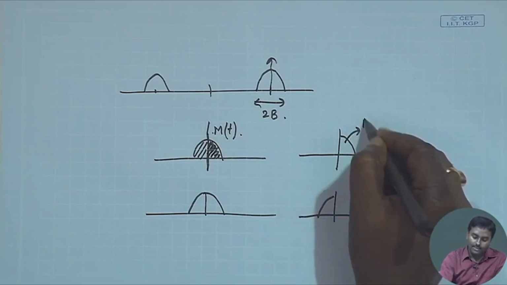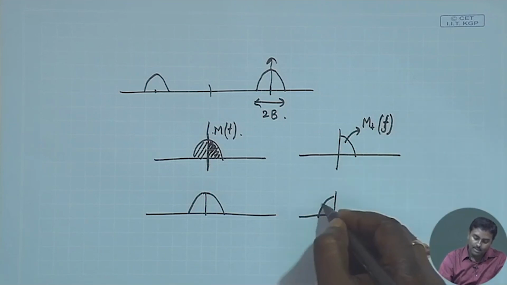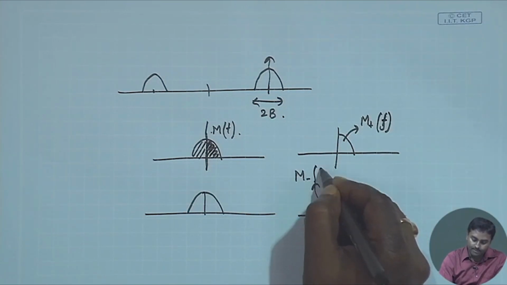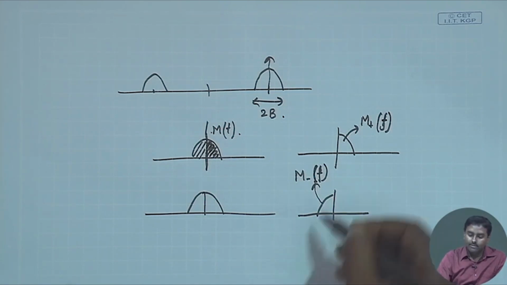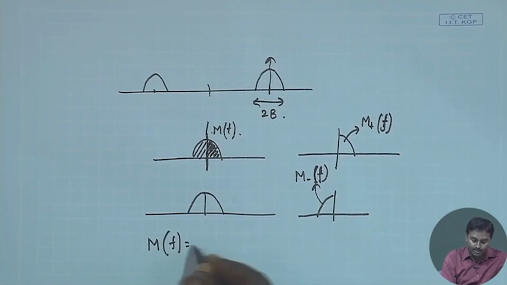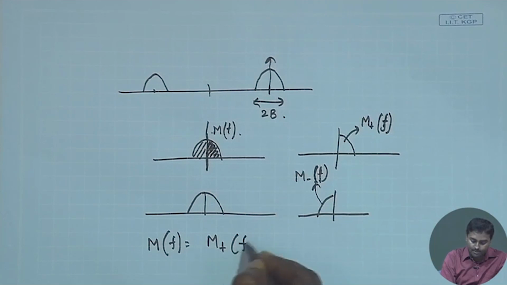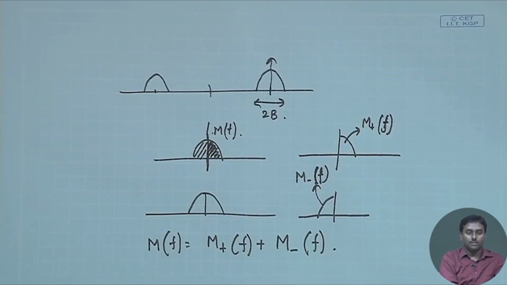This I call M plus (f), and this I call M minus (f), that is the negative part of the spectrum and the positive part of the spectrum. And if I just add these two, I will get my M(f). So, M(f) is nothing but M plus (f) plus M minus (f), right. So, that is the representation.